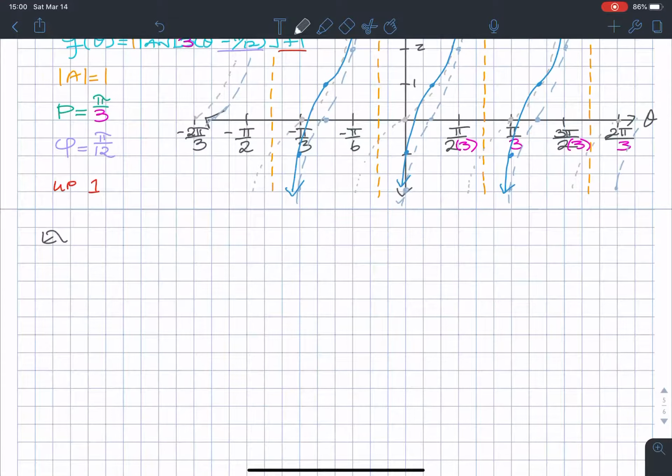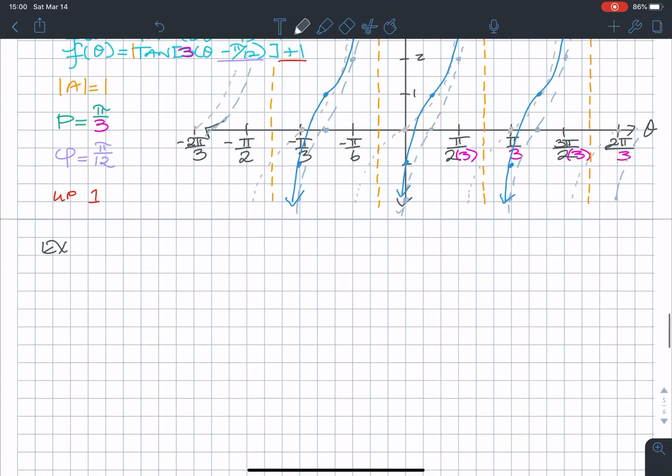So example, or actually that would be subscript 2. So subscript 2. Let's plot f of theta is equal to, without a change in amplitude, let's just do cotangent of 4 theta plus pi over 2 minus 2.